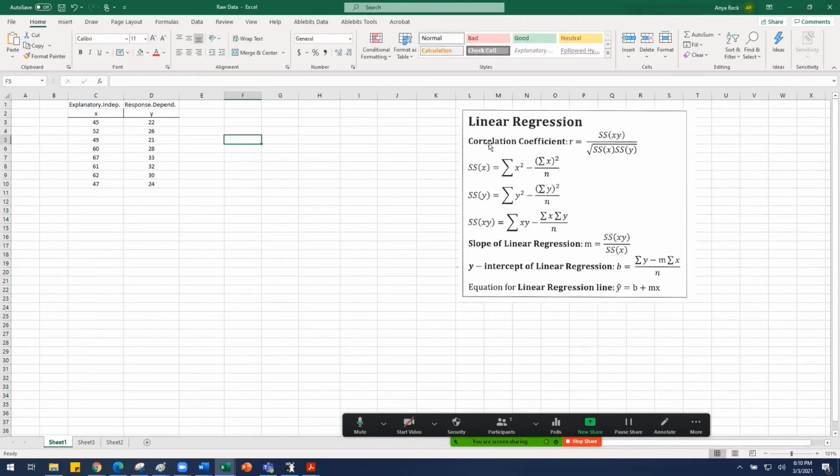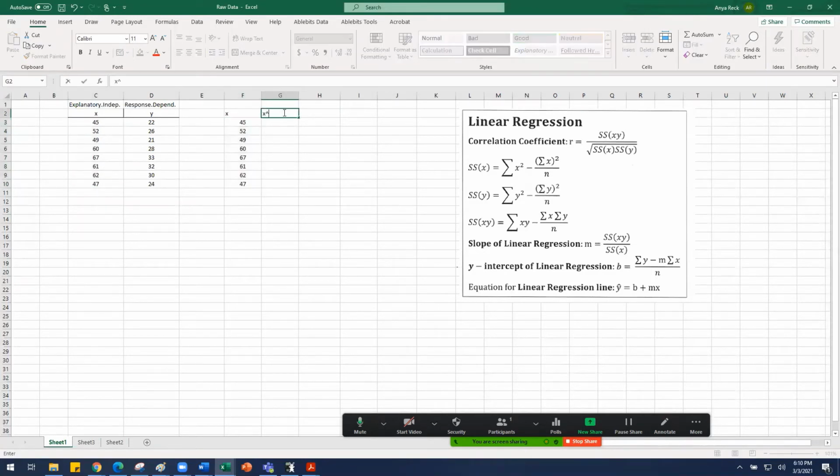So first we need to find the correlation coefficient R, which is the sum of the squares of xy divided by the square root of the sums of squares of x and the sums of squares of y. And they give the formula for each of those. The first one says you want to take the sum of x squared minus the sum of x, squared, divided by n. So we'll go ahead and do that. We'll take the x column, we'll copy it.